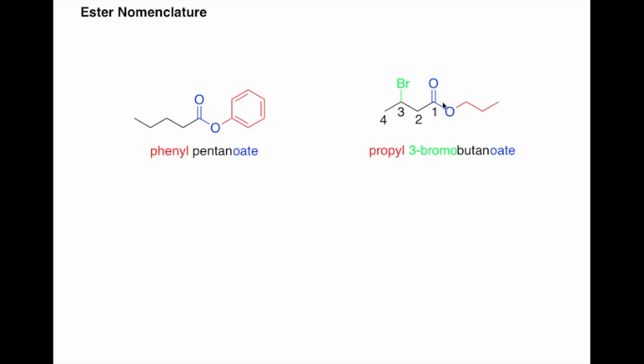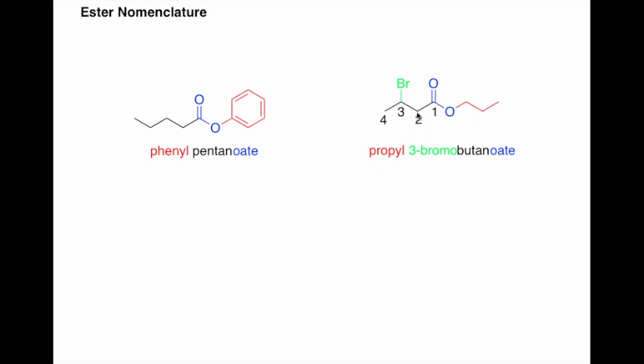With this next example, there's a substituent off of the parent chain, so we have to deal with that as well. We're still going to name the R' group first, followed by a space, and then any substituent attached to the parent. So the R' group is 3 carbons in length, or a propyl.